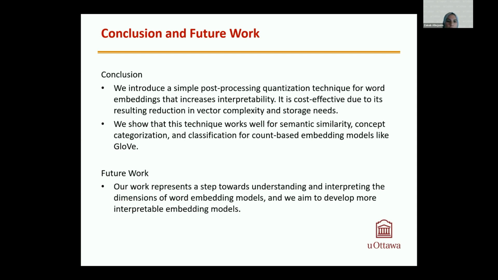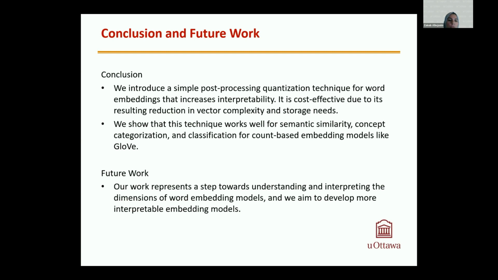We show our technique works well also with semantic similarity, concept categorization, co-clustering, and classification. Specifically, we recommend our method for count-based embedding models such as the GloVe model, because it shows stability and improves overall NLP tasks.